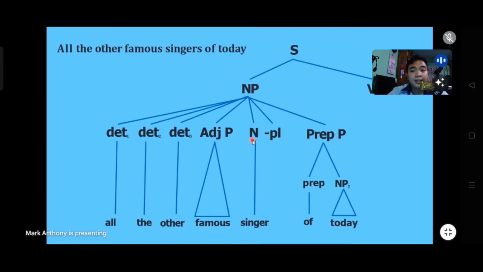And as you can see, there is also an adjective phrase, which we'll be discussing later on. But just for now, let's simplify it, because at this part we'll be focusing more on the noun phrase.